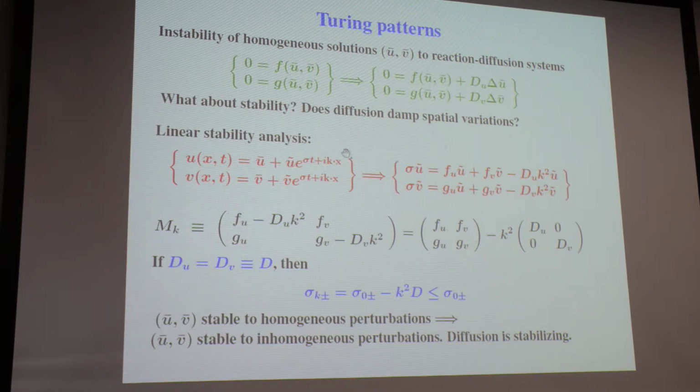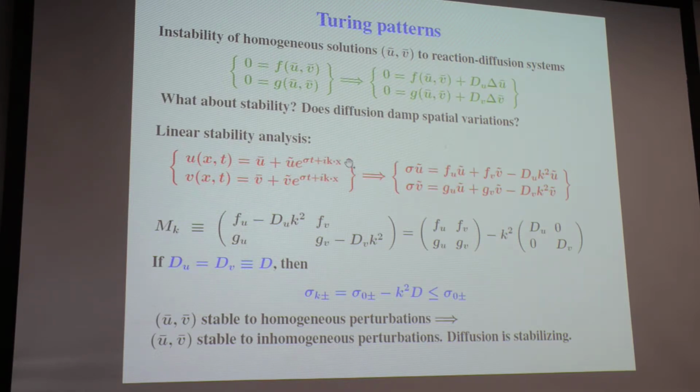Let's do the linear stability analysis. It's good practice. We're starting to get used to this. Let us write our perturbation, U and V, as the fixed point, U bar, V bar. That's the stable, homogeneous steady state, and it's got no x dependence because it's homogeneous, times some perturbation, U tilde, V tilde.